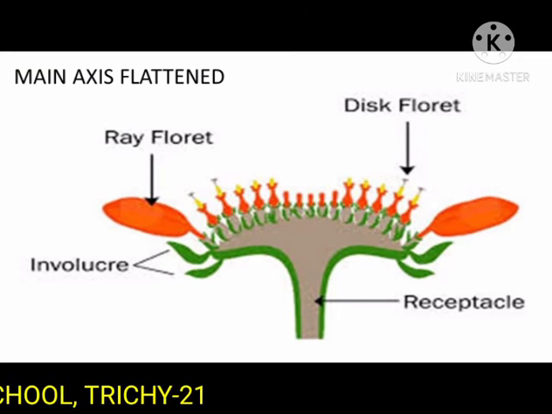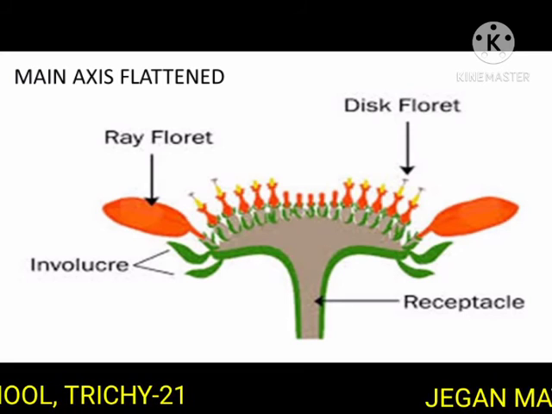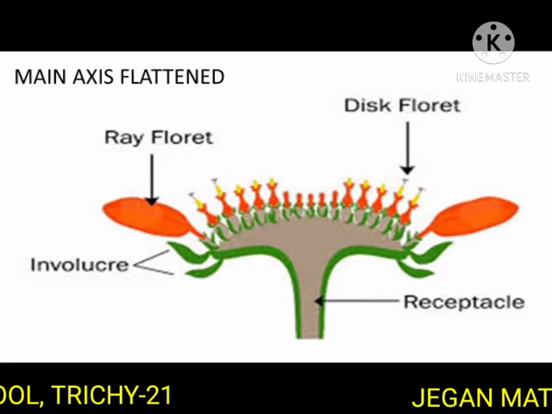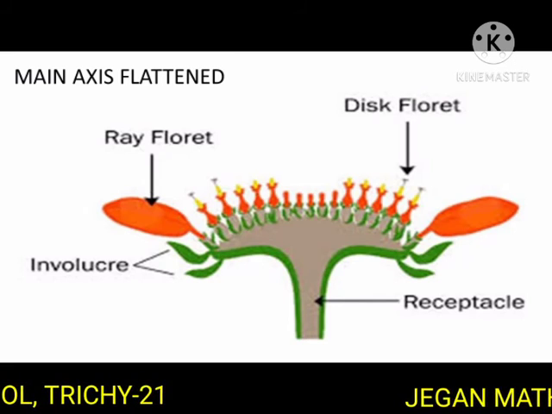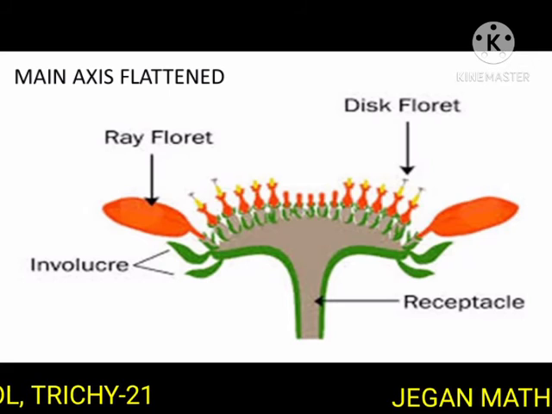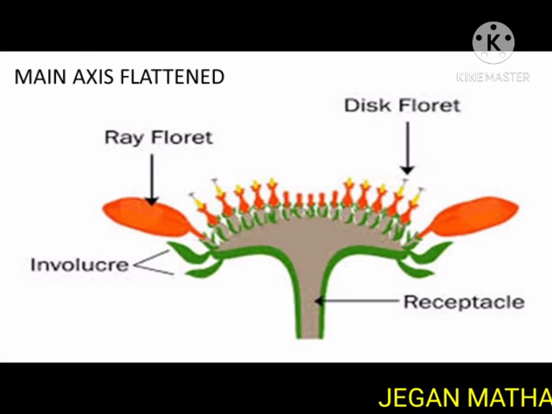A group of sessile or subsessile flowers arising on a receptacle, often subtended by an involucre. A head is a characteristic inflorescence of Asteraceae and is also found in some members of Rubiaceae and Mimosae.